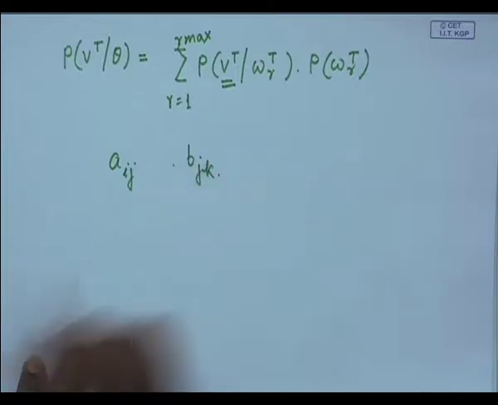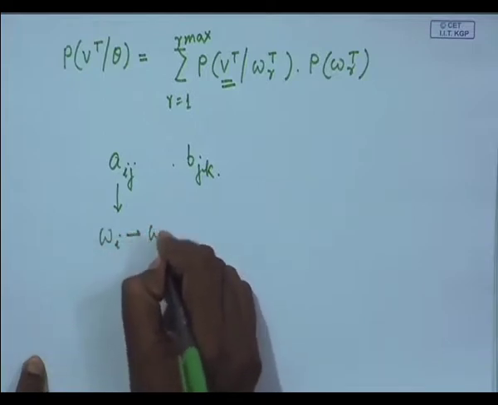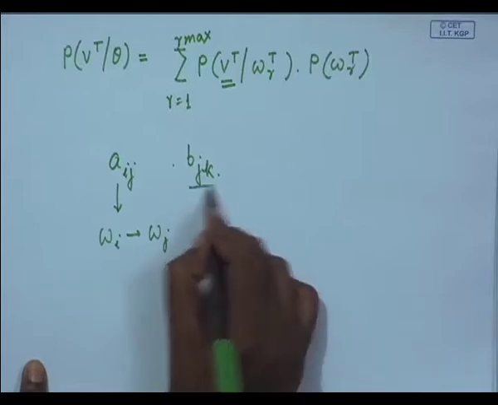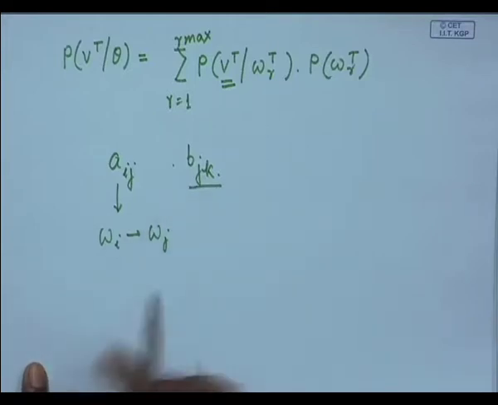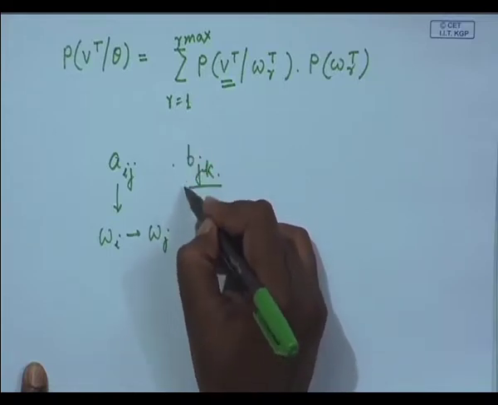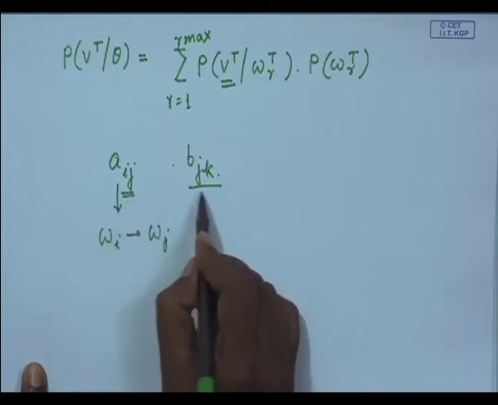Given these two, and given a set of sequences of visible symbols supposed to be generated by this hidden Markov model, we have to find out the transition probabilities A i j and B j k, where A i j is the transition probability from state omega i to state omega j, where both omega i and omega j are hidden states, and the symbol emission probability B j k is the probability that the machine generates a symbol V k when it is in state omega j.